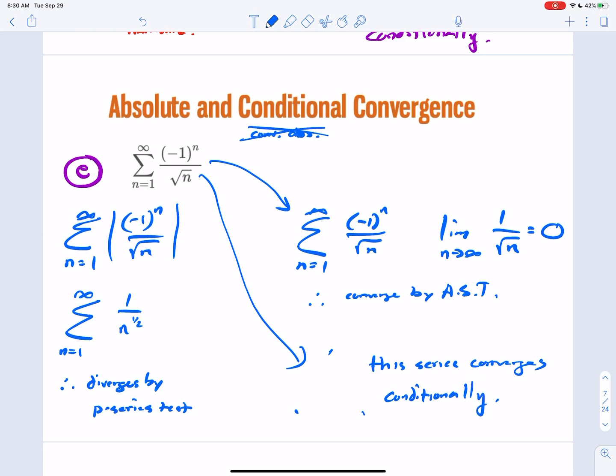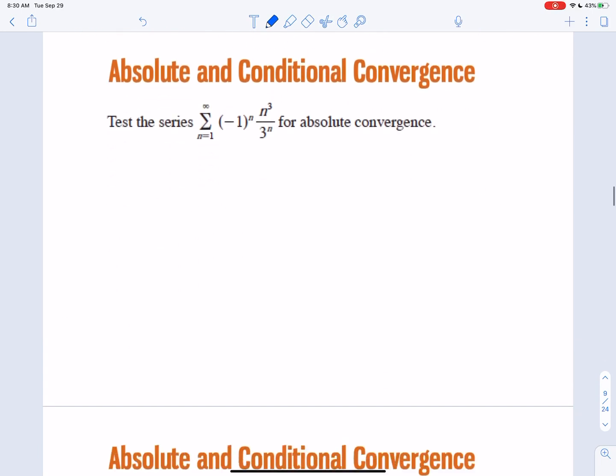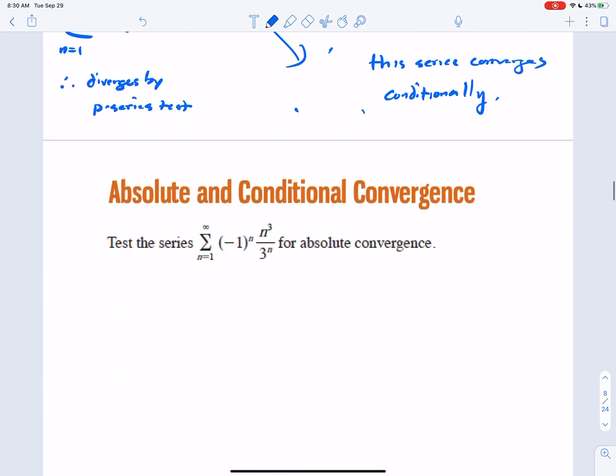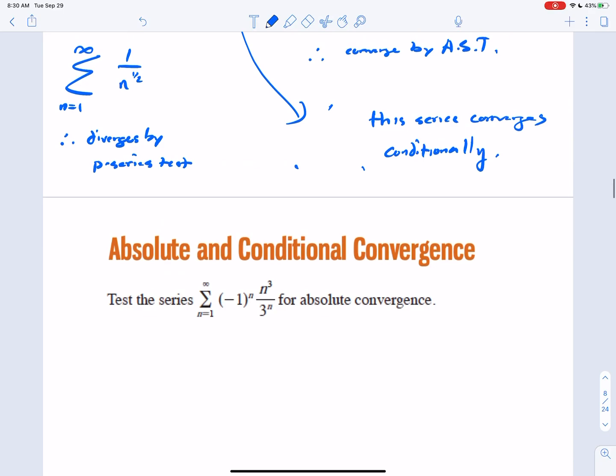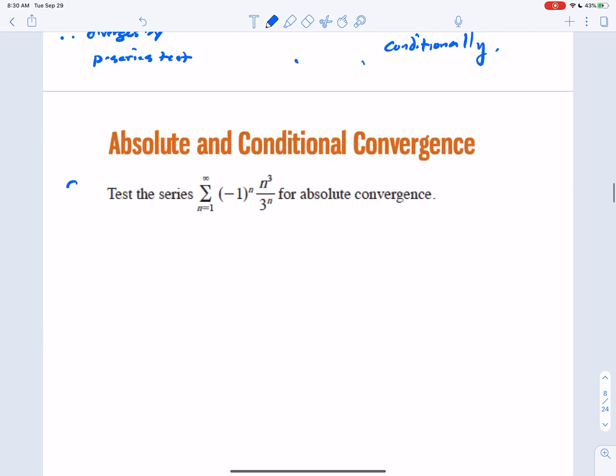All right? Cool. So let me see. Let's do this one, okay? So this is part F. Okay, now what I do want to say about this is because of the phrasing, you're only looking for absolute convergence.